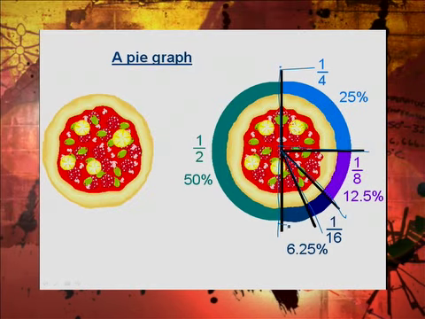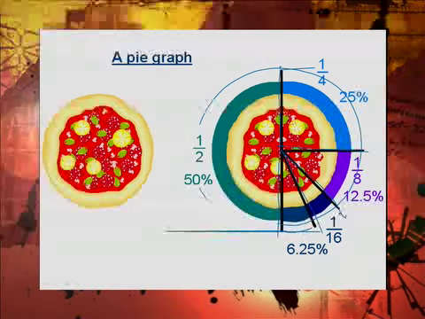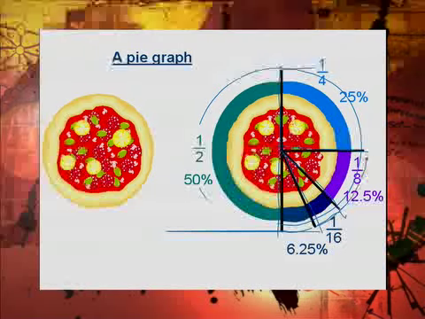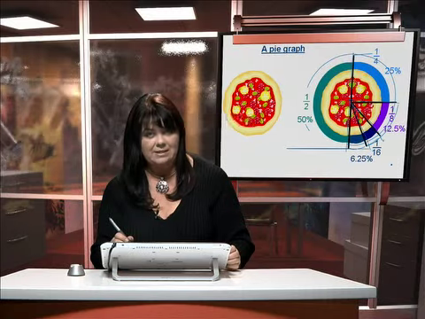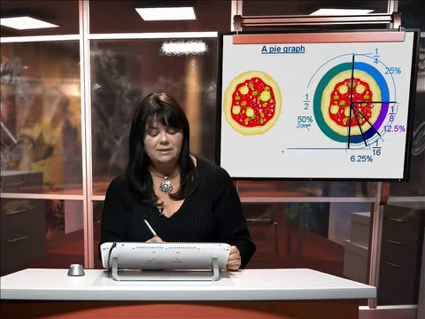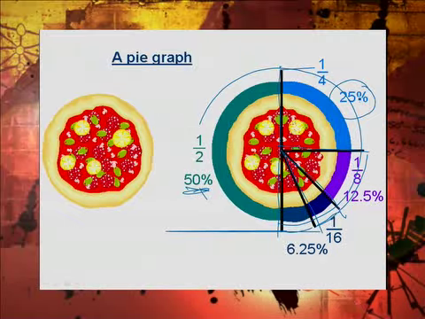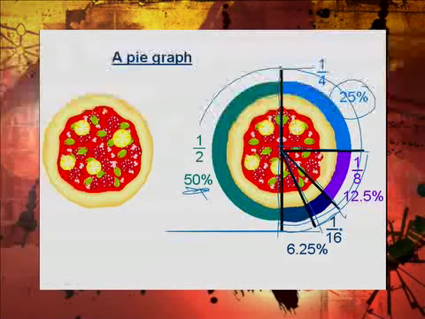And a pie graph is a complete circle, so therefore each segment is going to be a fraction of that circle. And sometimes it's very easy to calculate. Half of the circle must be 50%. A quarter of the circle is going to be 25%. But some of the sectors might become a little more tricky to calculate.